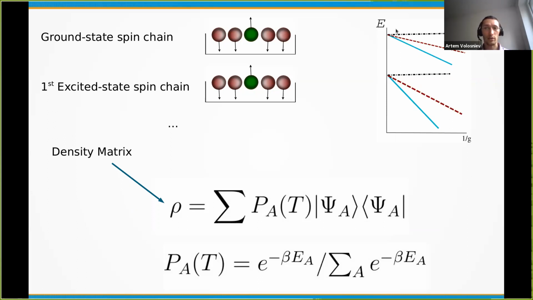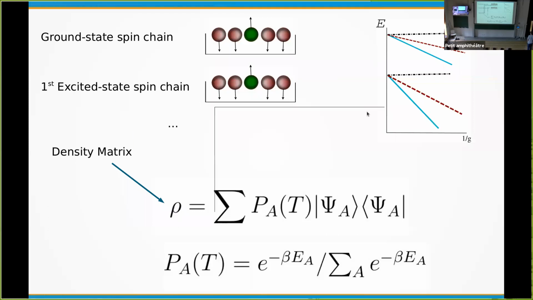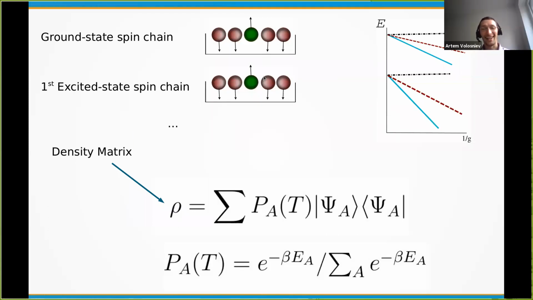Do I understand your question right? Actually, I'm sorry, I didn't understand what the first excited state means. Because the pictures show the same. Like this picture? On the left, these pictures are absolutely identical. Okay, sorry for that.